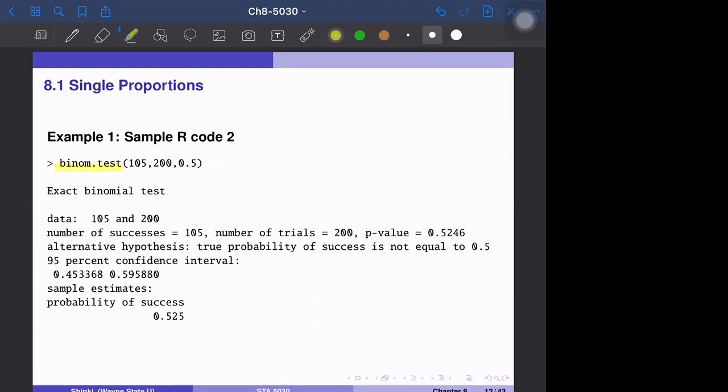So if we have 200 observations and we observe 105 over 200, R basically calculates the probability of p hat equal to 0 over 200, 1 over 200, 2 over 200, up to 100 over 200, 101 over 200, and up to 200 over 200. So R calculates all the probabilities, and then we make the rejection region. So it's a more exact test. But still, the p-value is almost the same.